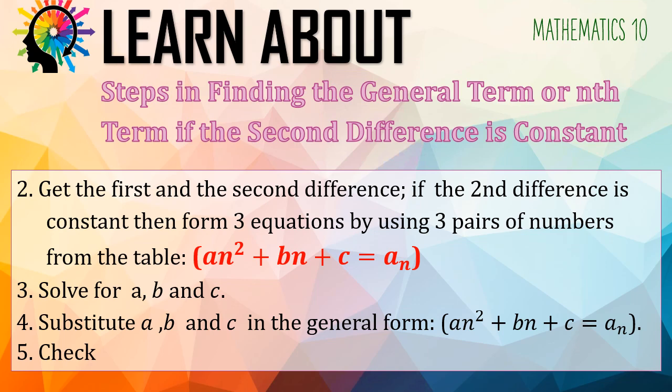The general form that you are supposed to follow in forming the 3 equations would be an squared plus bn plus c equals a sub n. If you're done forming the 3 equations, you can now solve for the values of a, b, and c.